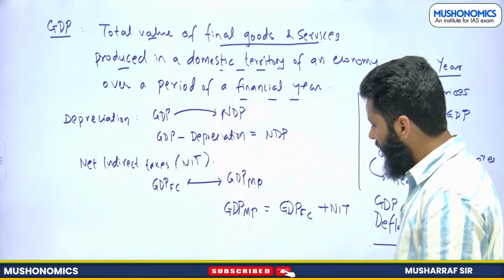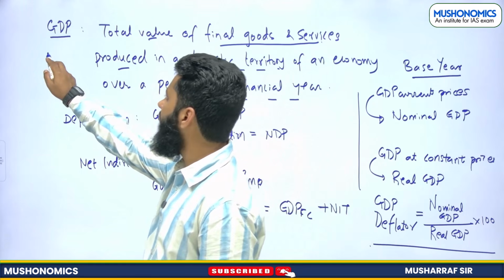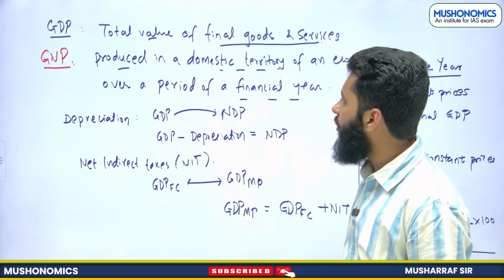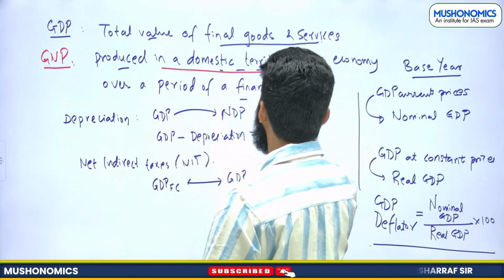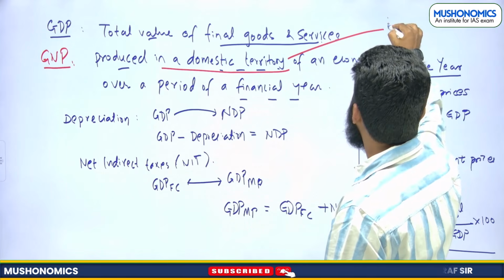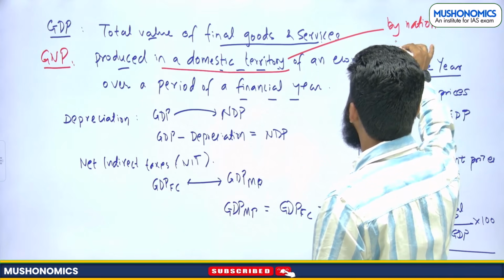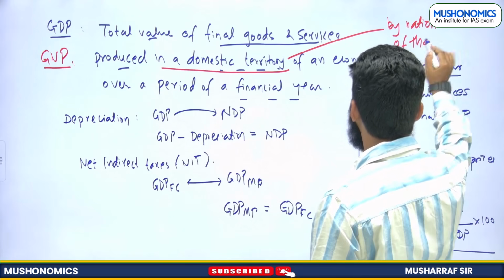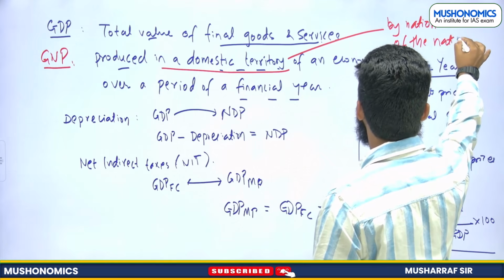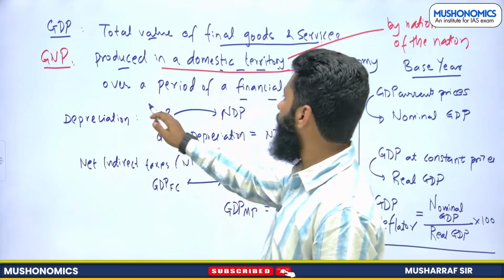If I want to modify this definition for GNP, it remains the same, total value of final goods and services produced, but not in a domestic territory. In place of domestic territory, we write by nationals or ordinary residents. So by nationals of the nation over a period of a financial year.